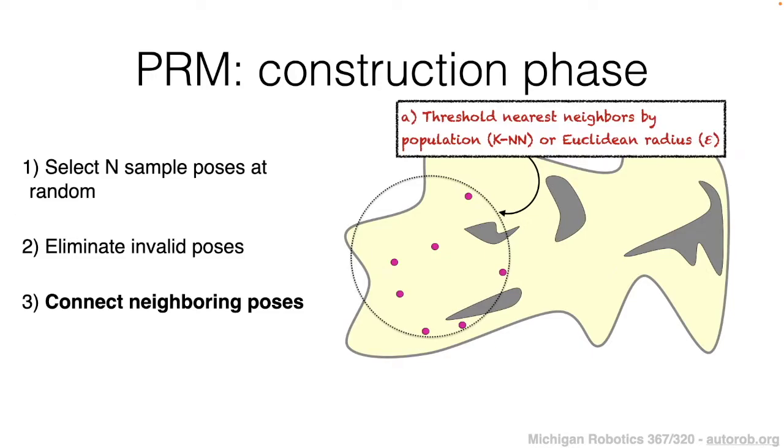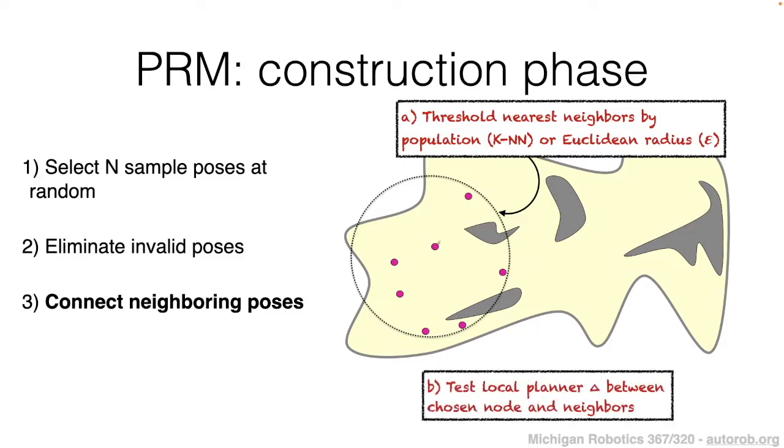To define neighboring poses, the first step is to take a nearest neighbor's threshold based on a local population around some given point within the sampled set that we created in the first step of the algorithm. At that point, we test, using a local planner, whether the neighboring points are reachable without colliding with obstacles in the world or joint limits.